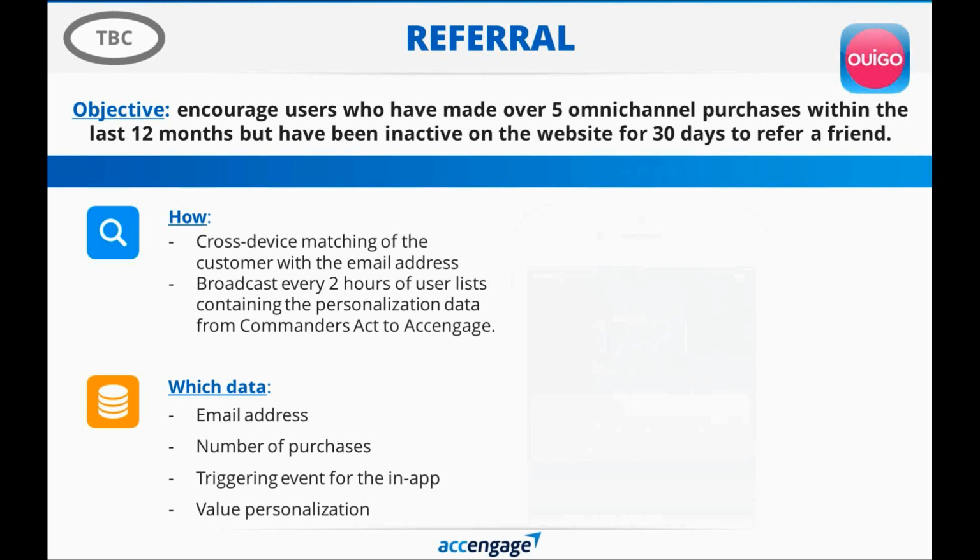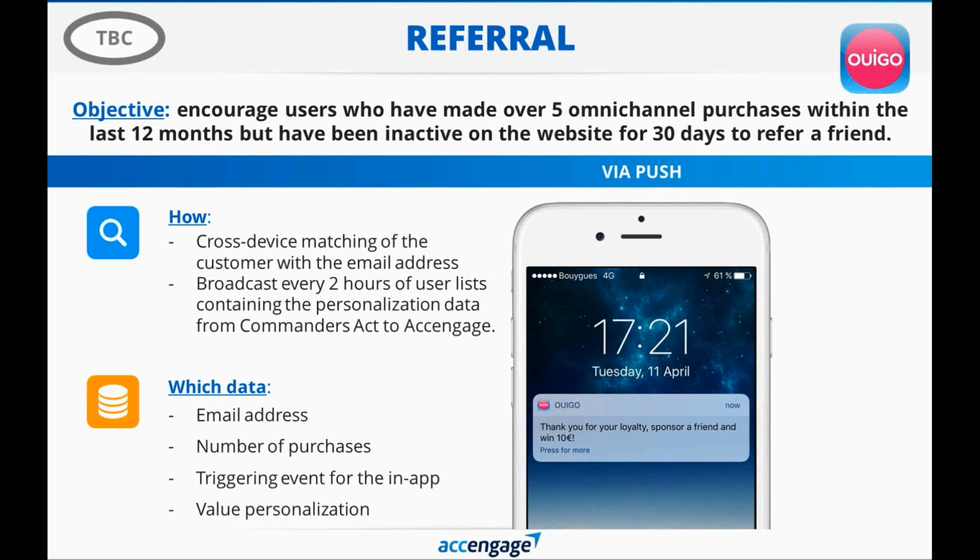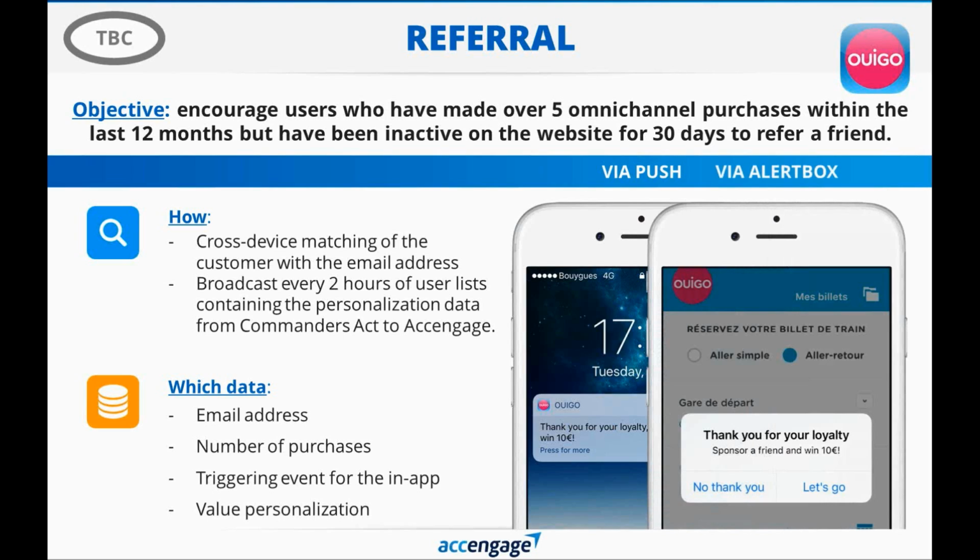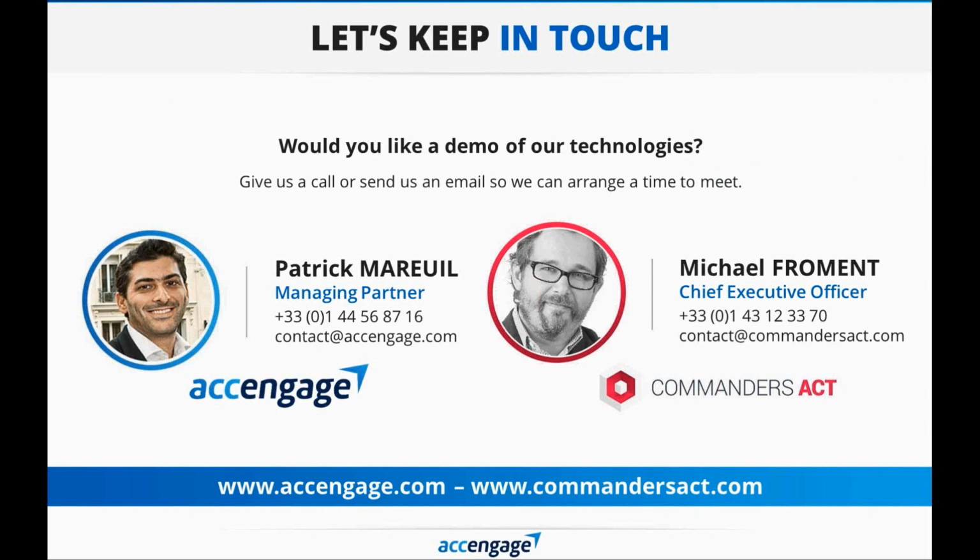And we make the matching with the devices, and therefore we're able to send the right message to the right user saying, "Oh, thank you for your loyalty, why not sponsor a friend and win 10 euros?" And that can also occur with an in-app message inside the application. So as you can see, some really interesting use cases that can help you to leverage your DMP and also your mobile channel.